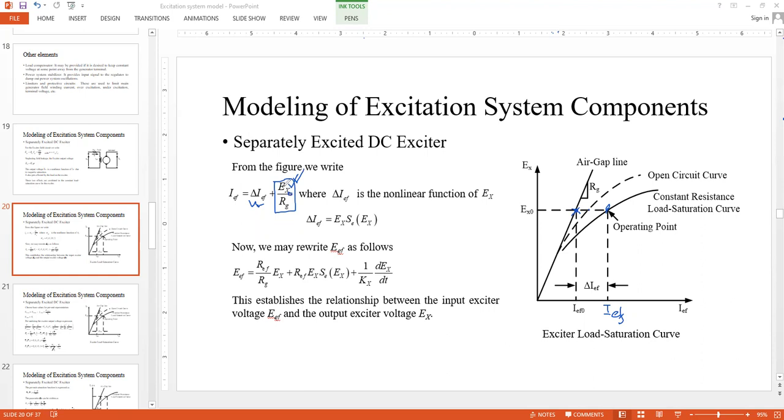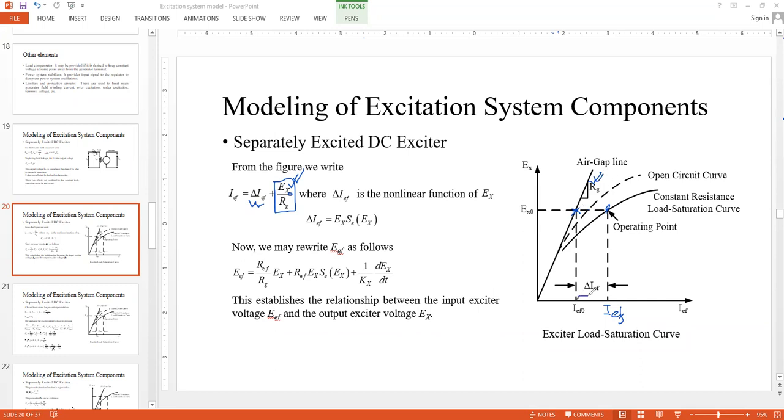So this EX is not an arbitrary EX, rather it is EX0 at this point. From this curve, we can also identify that this EX0 and this EX0 are actually the same. When we take this EX0, we can easily relate it with a linear relationship with IEF0, where the slope between EX0 and IEF0 gives me the RG value.